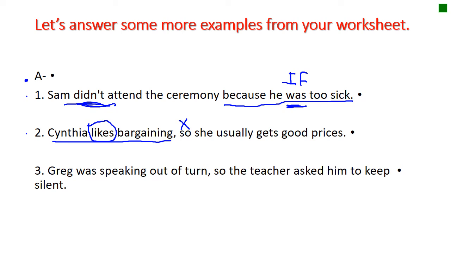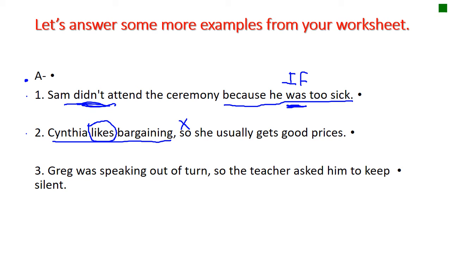Here, Cynthia and bargaining. If Cynthia liked, but we need to write it in the negative. The negative form of like in the past: If Cynthia didn't like bargaining, remove the so, she wouldn't usually get good prices.